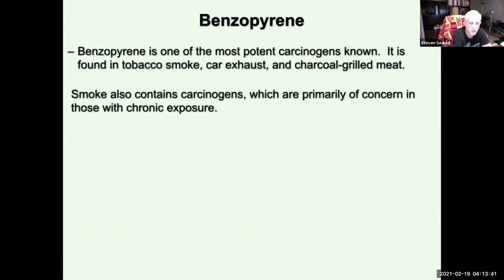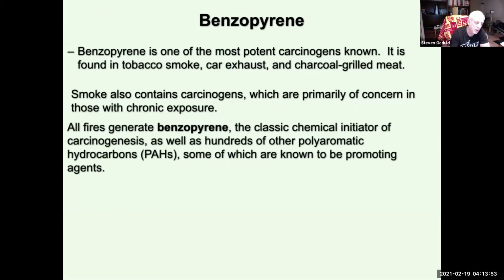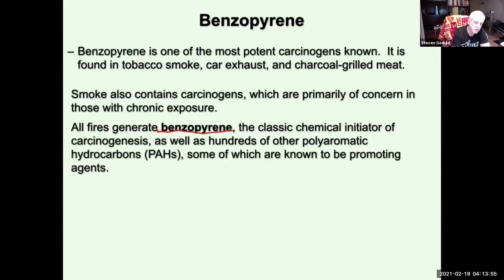Smoke also contains carcinogens. The primary concern is those with chronic exposure, like cigarette smoke. You're exposed over and over to it. It's an extremely potent carcinogen. All fires generate benzopyrene. No matter what, smoke from any fire is going to generate benzopyrenes.